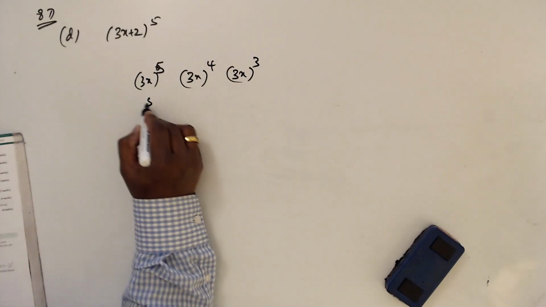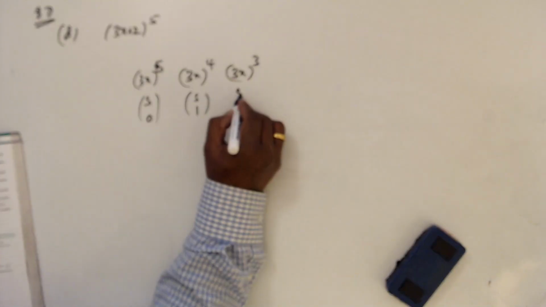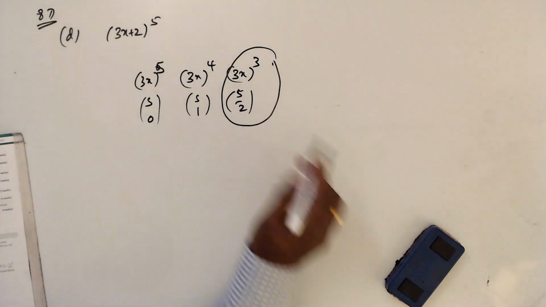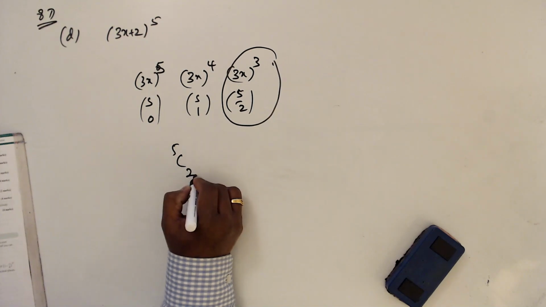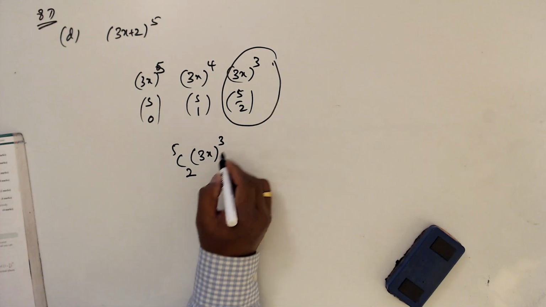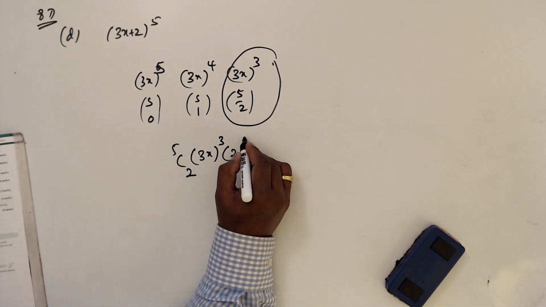So this is going to be 5 0, 5 1, 5 2. Basically we need this term. So what is this term? 5c2, 3x cubed, then 2 to the power 2.